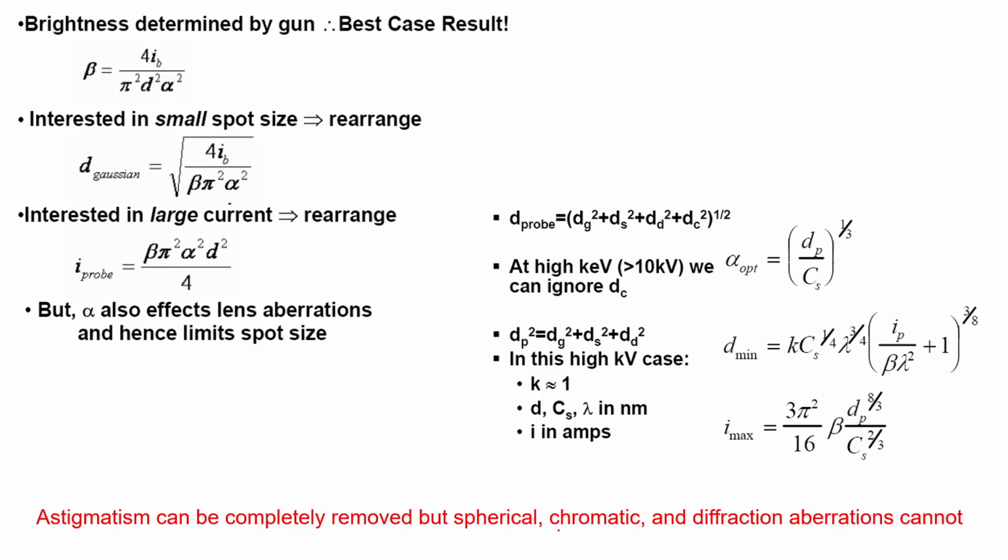Chromatic you can remove when you are using a monochromatic source, but diffraction, however good your system is, you won't be able to remove. Astigmatism you can completely remove just by having different combinations of your stigmator coils.